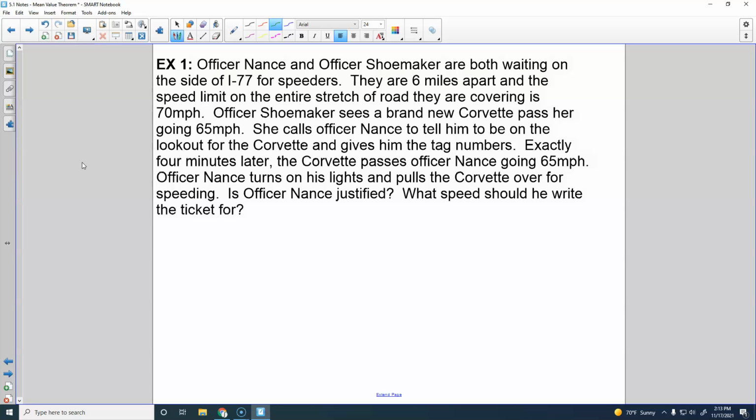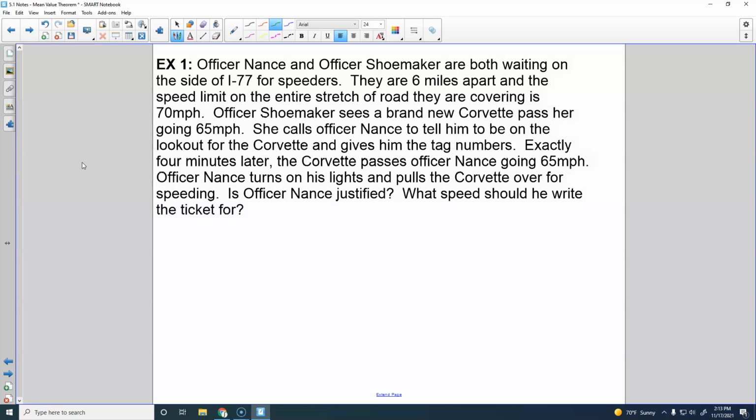Officer Nance and Officer Shoemaker are both waiting on the side of I-77 for speeders. They are 6 miles apart, and the speed limit on the entire stretch of road they are covering is 70 miles per hour. Officer Shoemaker sees a brand new Corvette pass her going 65 miles per hour.